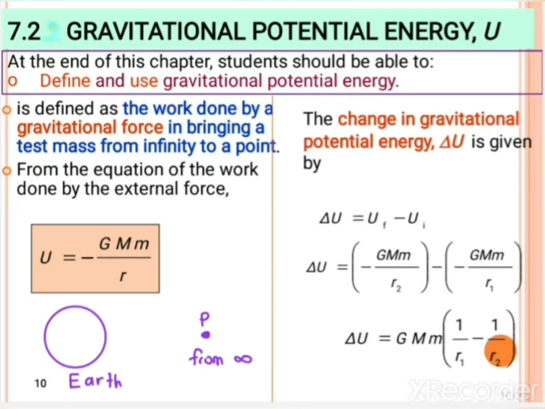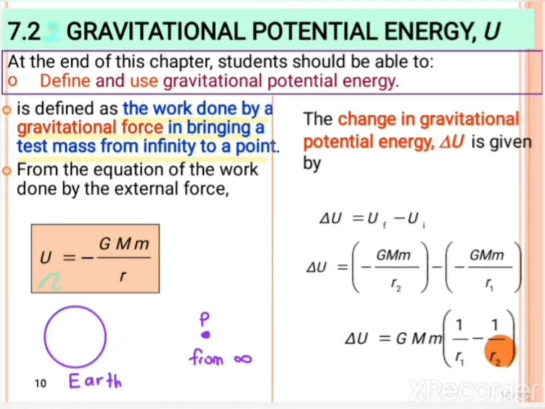Okay, subtopic 7.2 is about gravitational potential energy U. What is U? It is defined as the work done by a gravitational force in bringing a test mass from infinity to a point, let's say this point P. This one is Earth.